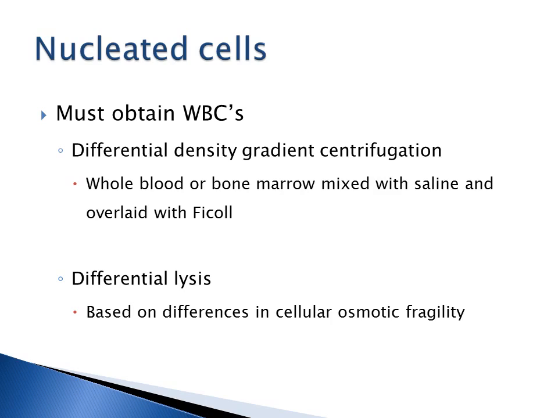So in order to obtain those white blood cells from the whole blood, you're either going to do differential density gradient centrifugation, where you mix either your whole blood or your bone marrow specimen with saline and overlay that over Ficoll. Or differential lysis, where you can lyse different sections of blood or bone marrow based on differences in cellular osmotic fragility.